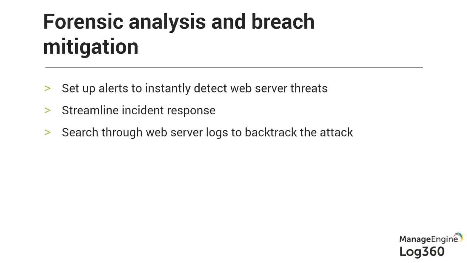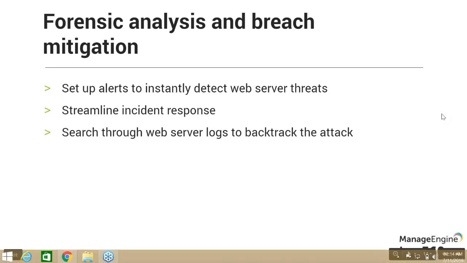So this is essentially to say that you have three different aspects of auditing on your web server, right? You are able to run reports for compliance, set up alerts for detecting attacks, and also in case something goes wrong, you are able to backtrack and get a complete picture of the attack and furnish the incident reports needed for your audits, right?